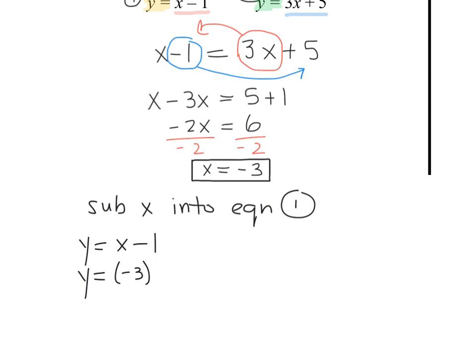So in the place of x, I'm going to substitute negative 3. And then I'm going to do the math. Negative 3 minus 1 is negative 4. So therefore, I know the point of intersection for this system of linear equations is located at negative 3, negative 4.